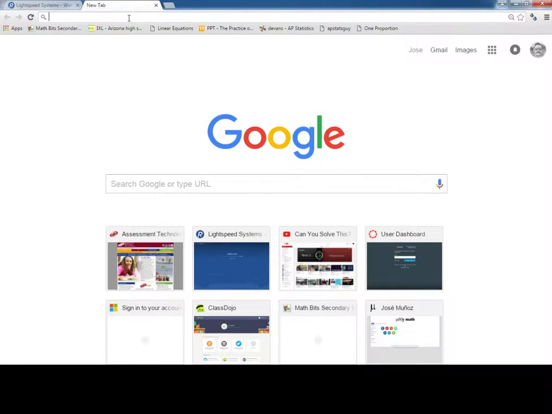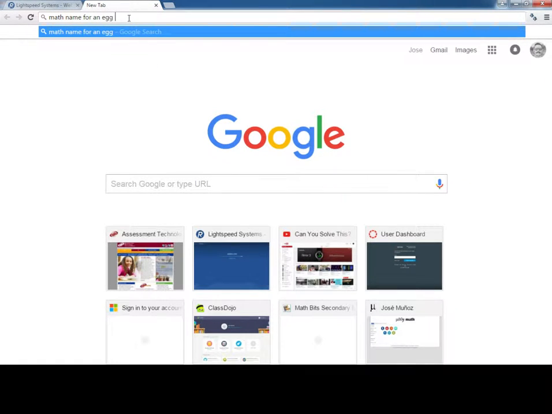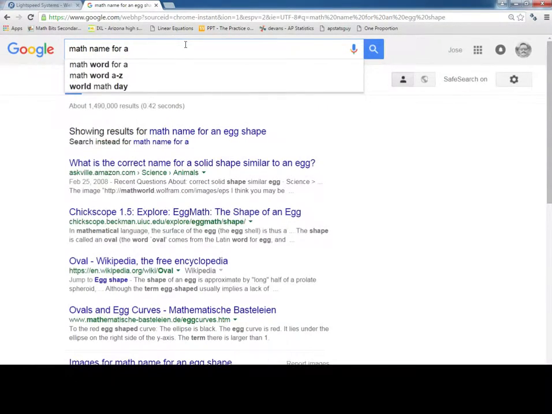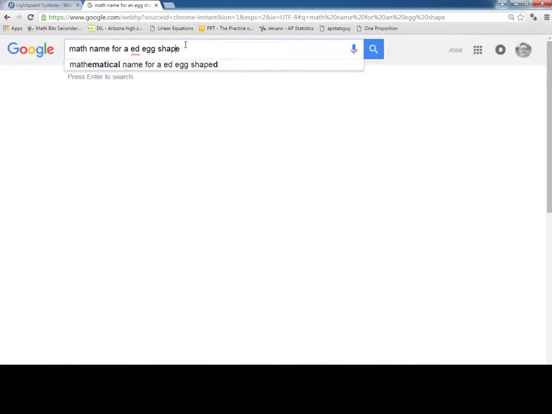Let's see here. Math name for an egg shape. Watch it just be an egg shape. Oh, it's an oval. I even put oval in there. No, wait a minute. I think it's giving me 2D for a 3D egg shape.